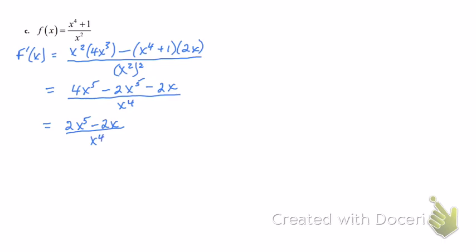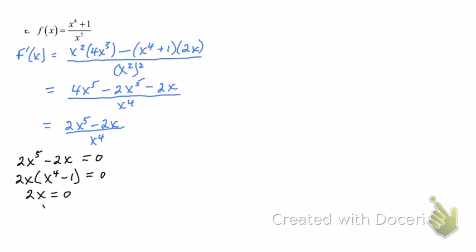This is a rational function again. So what do we do? Separate the top and bottom. So for the numerator, I set it to 0. I can just do this if I want to. I'm going to treat each one of those factors, set it to 0.